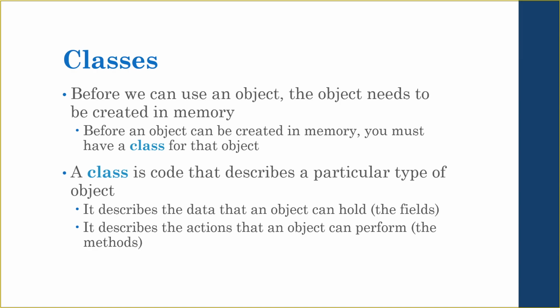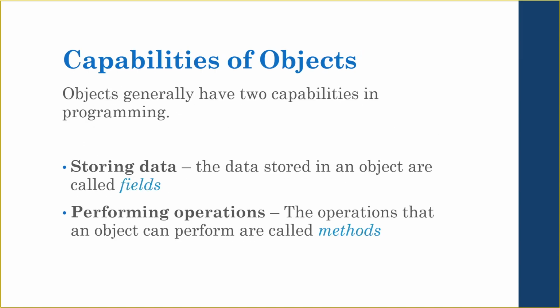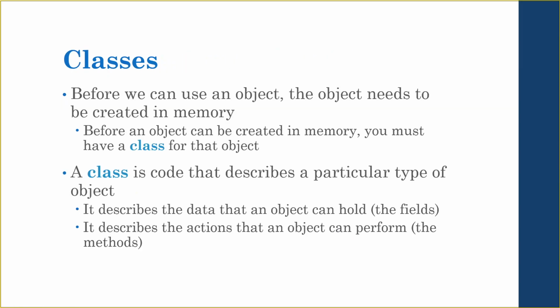All a class is, is code that describes an object. It describes the data that the object can hold, or the fields, and it also describes the actions that an object can perform, or the methods. If you remember back here, the two capabilities of objects, storing data and performing operations, those two things are described in a class.